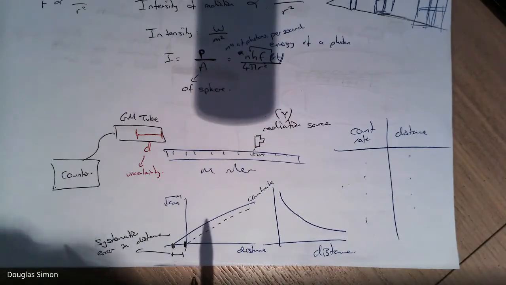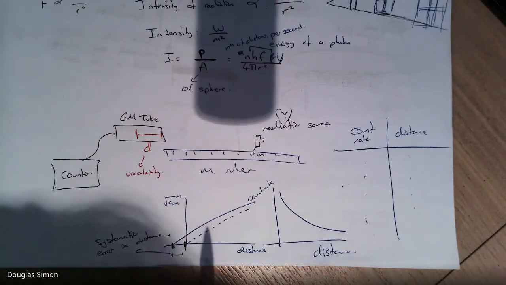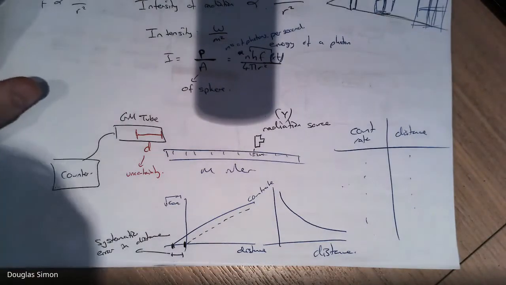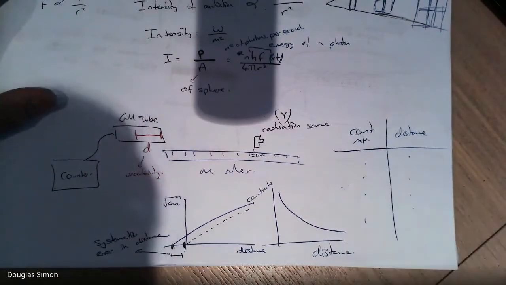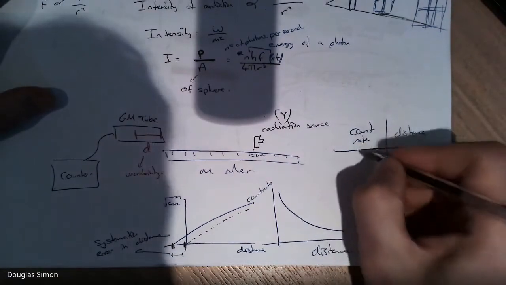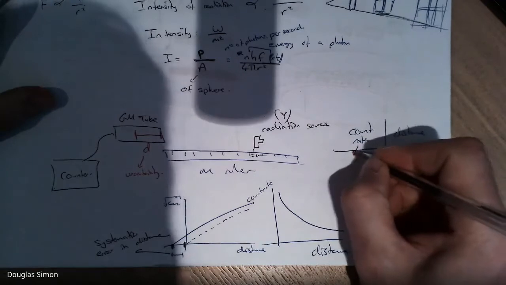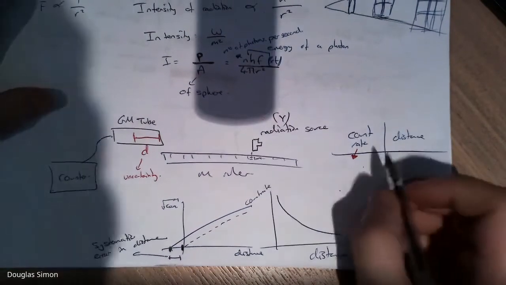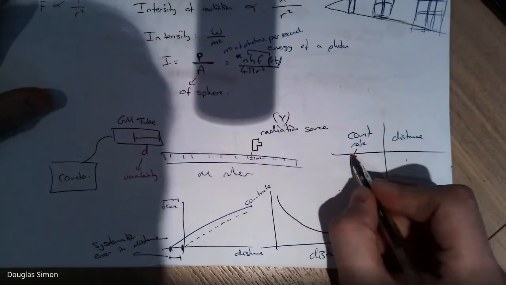Now, there's not that much to it. There's a couple of little bits and pieces that are useful to mention, such as when we do the count rate, we have to be really careful to make sure we don't make a silly mistake here. What do we have to do over a period of time?